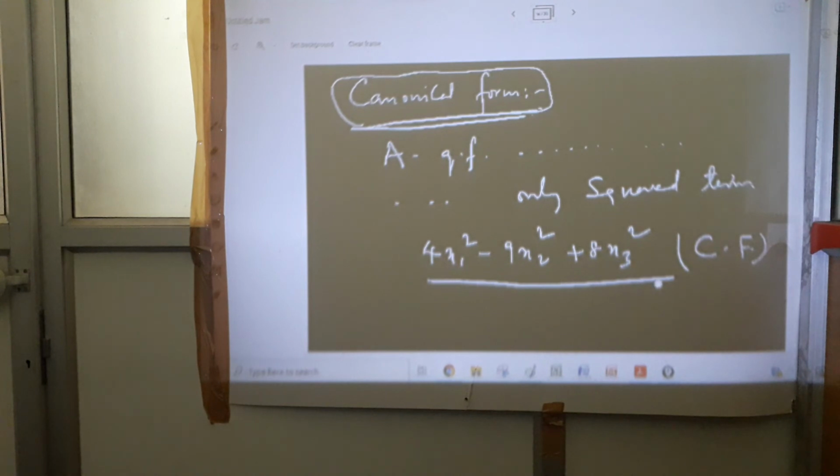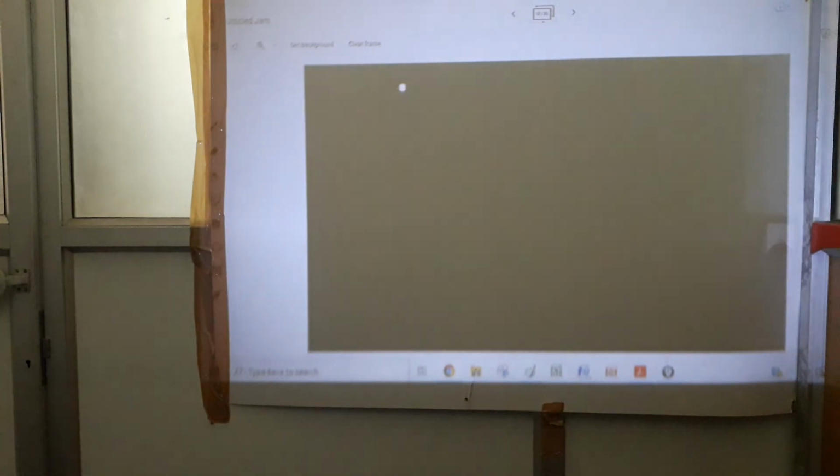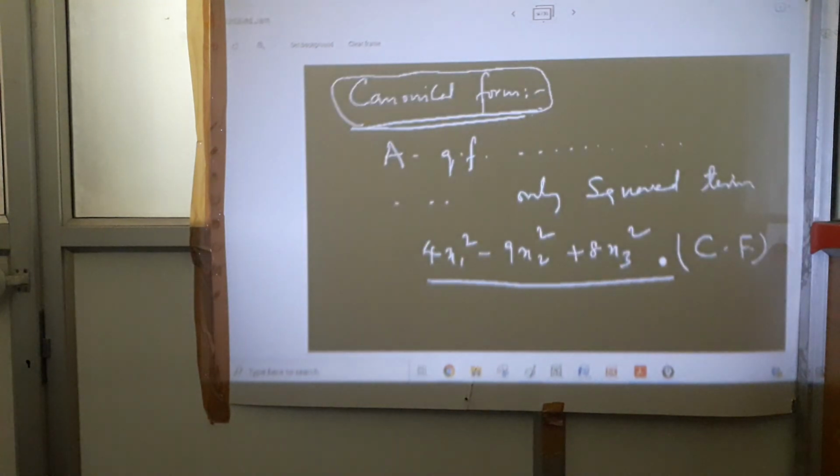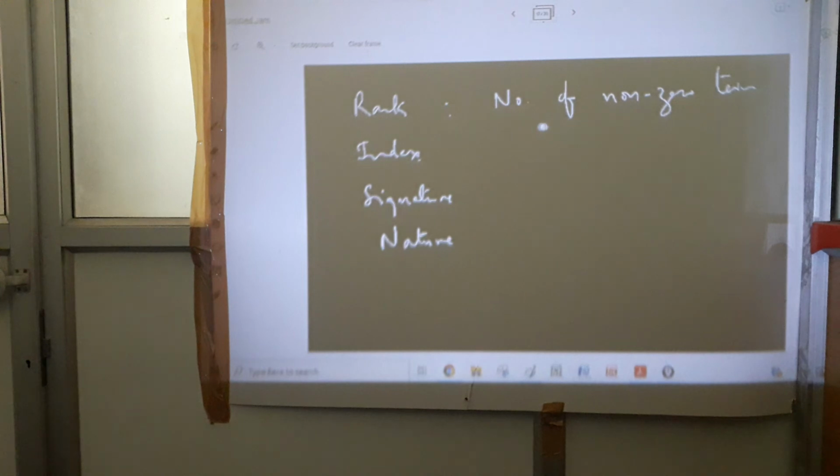Finally, once you convert into canonical form, we talk of certain things: rank, then index, then signature, and nature. Rank is nothing but the number of non-zero terms. Here we have 3 non-zero terms, and hence we call the rank 3 for that example.